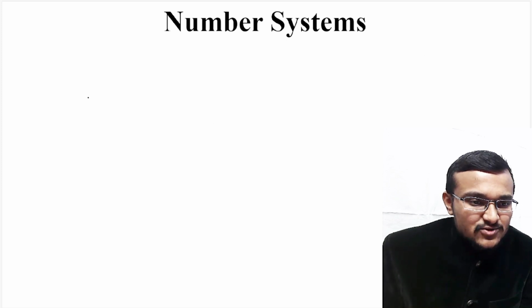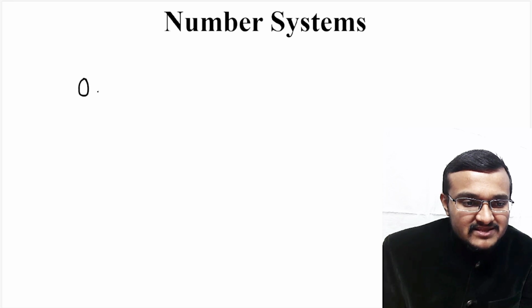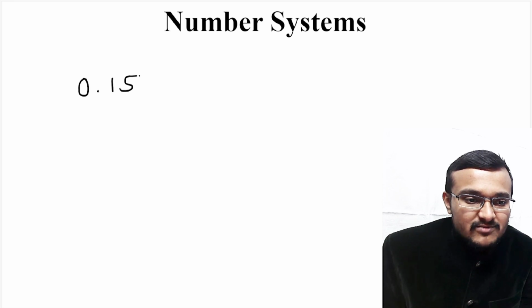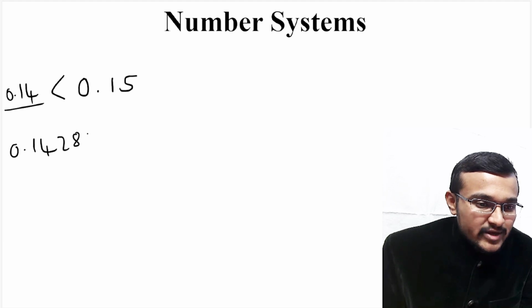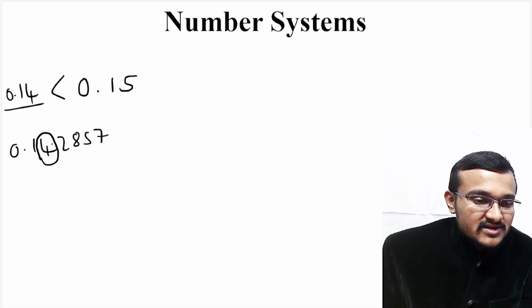So in order to do that, you can just start a particular irrational number with 0.15, because the moment you take 0.15, this is greater than 0.14. So here we have 0.142857. Don't worry about this. Just take this particular number.